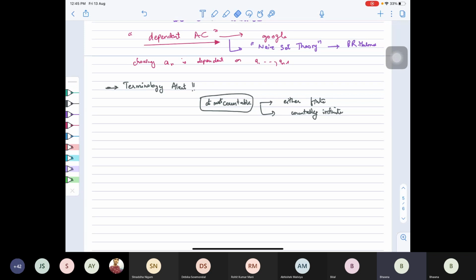So I have two or three theorems. They are in the book by Apostol and Birkhoff. Number one is theorem 2.4. Theorem 2.4 says that every subset of an at most countable set is at most countable.